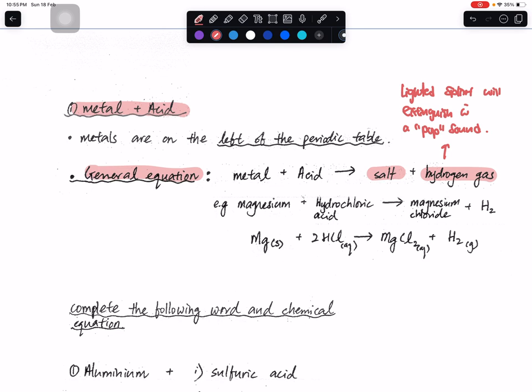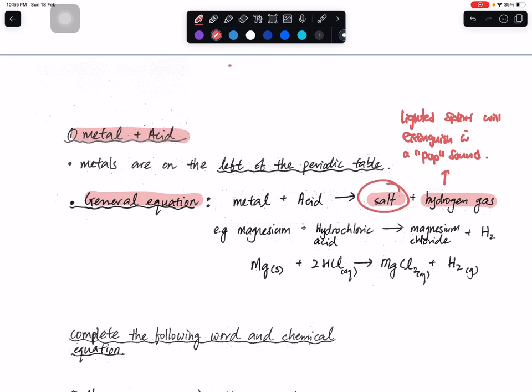So other than that, there's this thing called a salt. So some of you may be wondering what exactly is a salt. So let me show you something first. So when it comes to acid, we have things like HCl, HNO3, and H2SO4. So what exactly is a salt? Okay, so the common feature of an acid is the hydrogen over here.